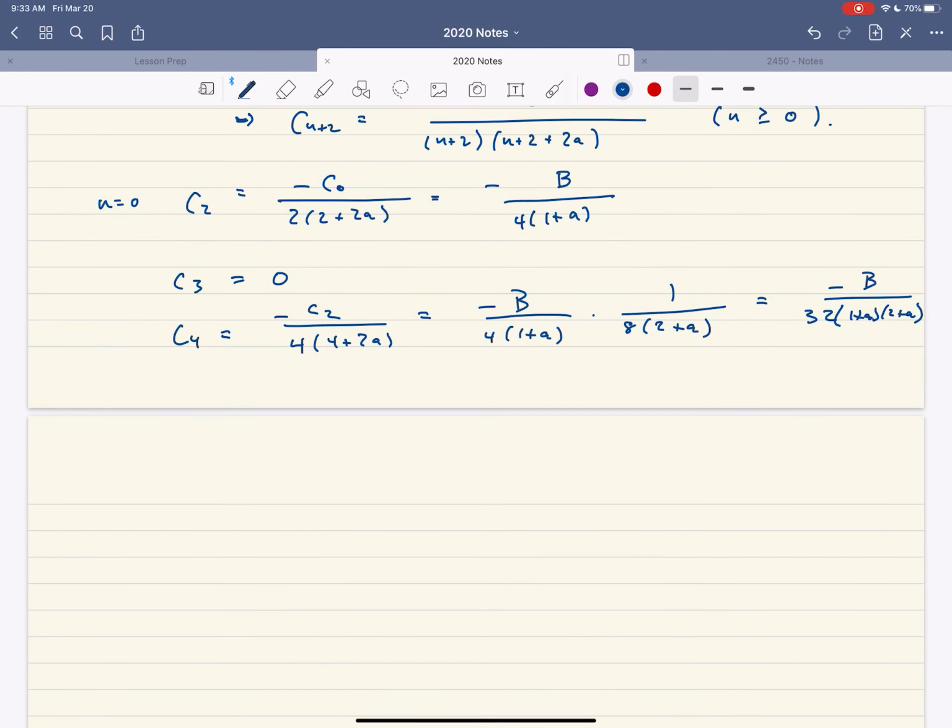And in general, if you look at our term here, c sub 2n, you're going to get some formula for it. And really, the canonical choice that we're going to make is to let our value b be whatever we want. But typically people choose b to be 1 over 2 to the a, gamma of 1 plus a.